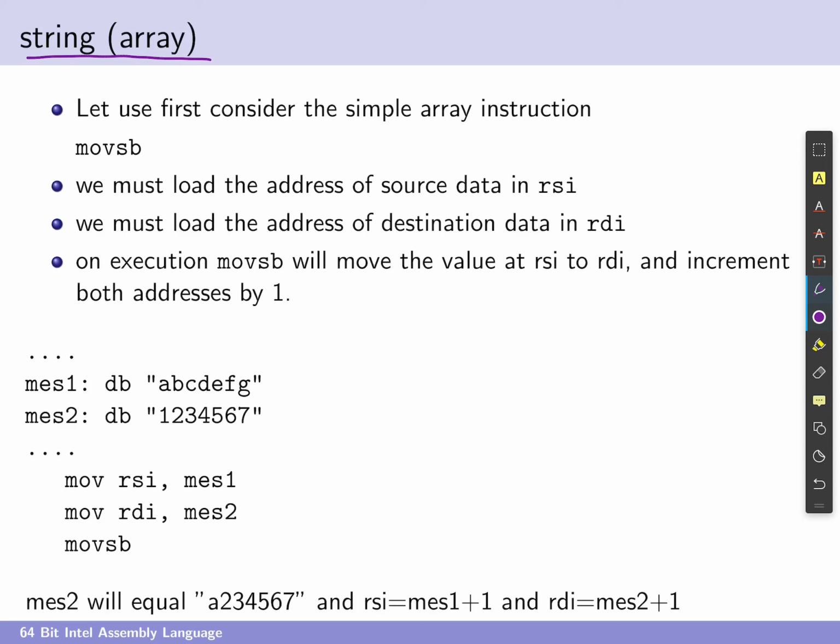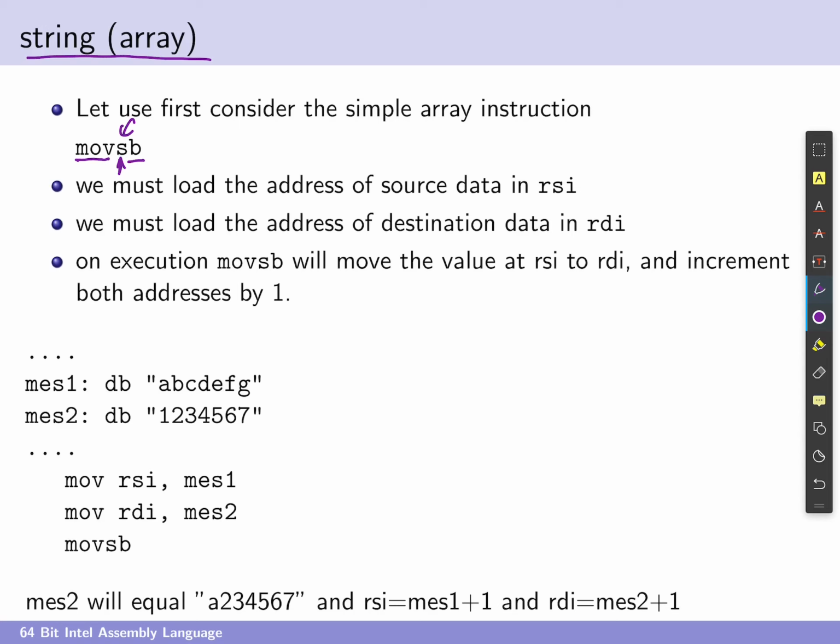So the first type of these operations is the move string byte operation. The way you can remember the mnemonic is move string byte. So basically the S indicates that this is a variant of move that's designed to work with an array, so a string of elements. And specifically the elements are of size 1 byte.